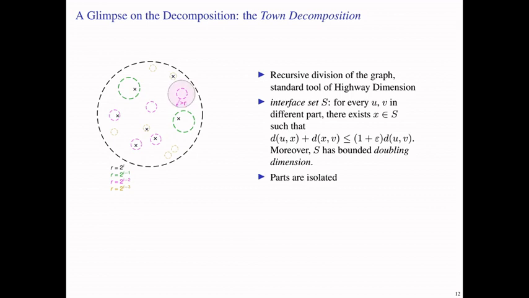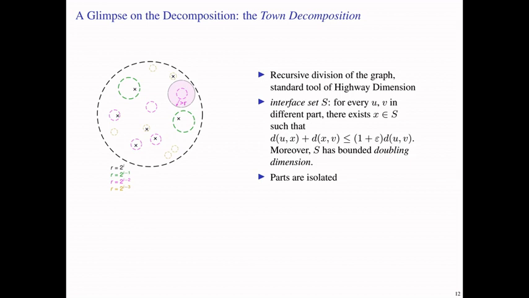Okay. But there's an additional property, which is that parts are somewhat isolated. So every subpart of the black one has some diameter, associated with some level. But it's crucial because the rose part, for instance, at level i-2 has diameter 2 to the i-2.